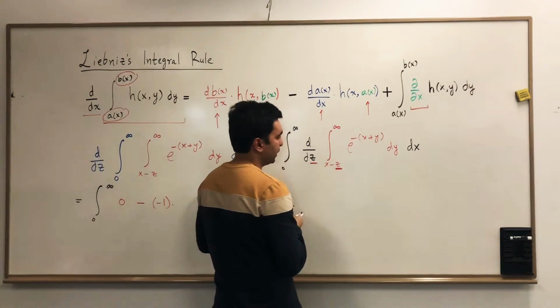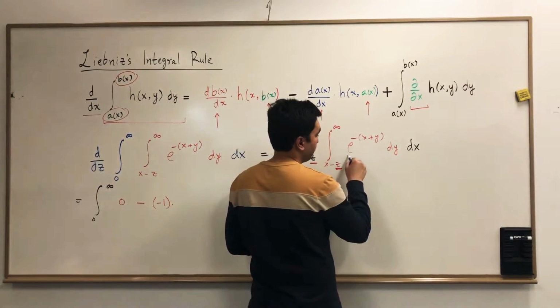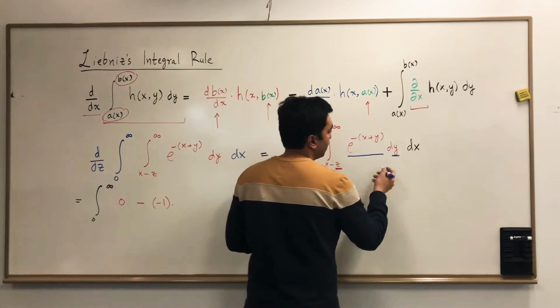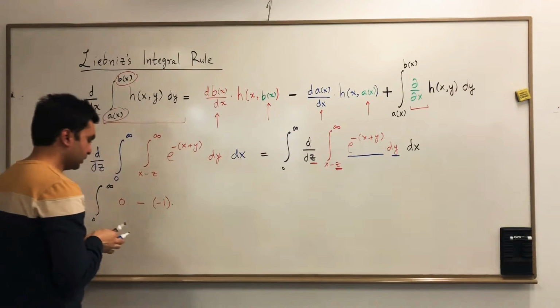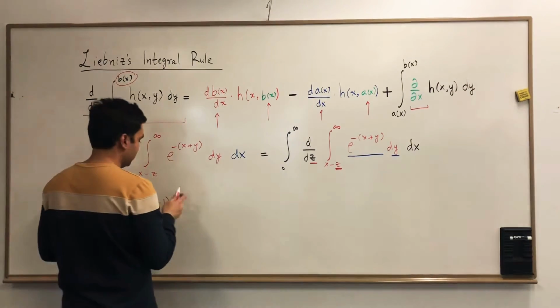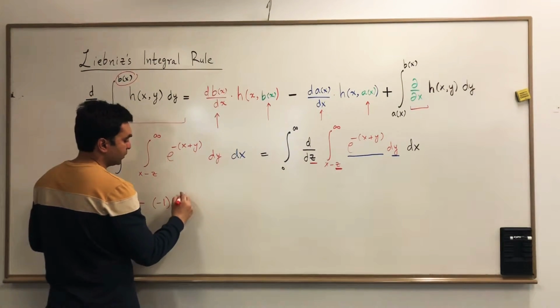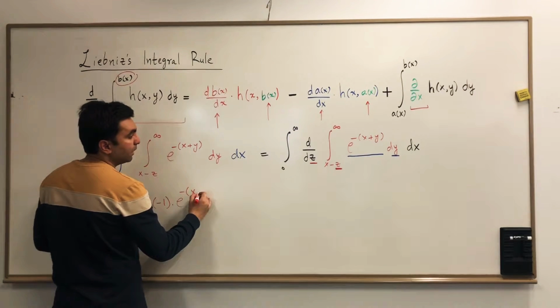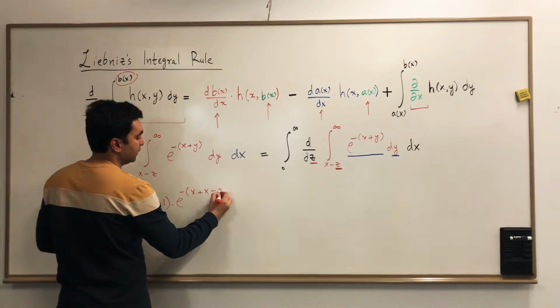But this function inside here is a function of y, and that's because we are doing dy. So instead of y, just substitute x minus z. So the function will be e to the minus x plus x minus z.